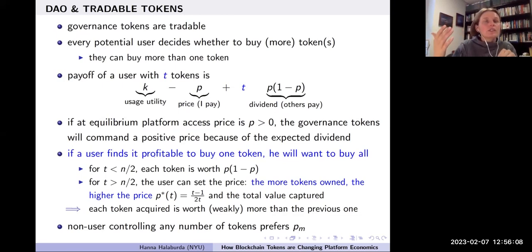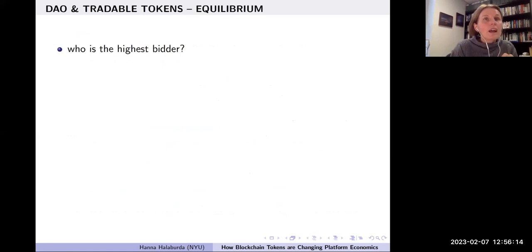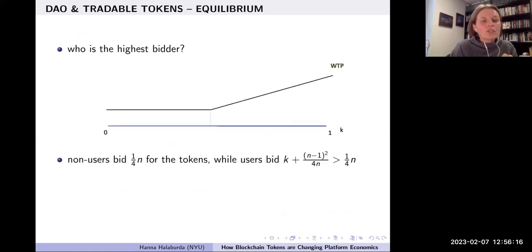Let's imagine that all potential users are bidding for all the tokens. Who will be the highest bidder? It turns out that the non-users will want to bid the profit value. The users will have an even higher willingness to pay, and the user with the highest type will have the highest willingness to pay. If allowed, the user will buy all the tokens.